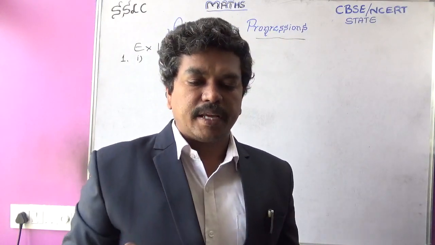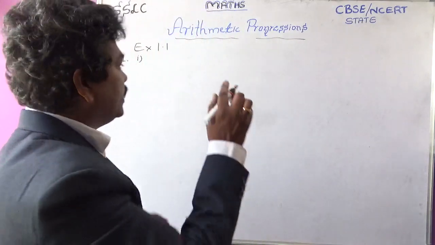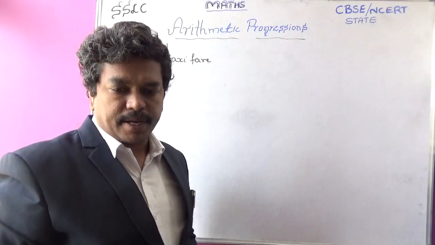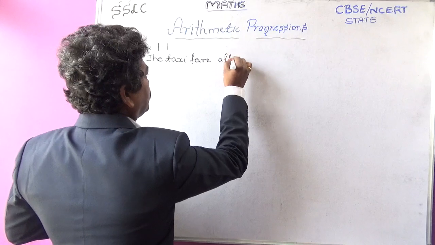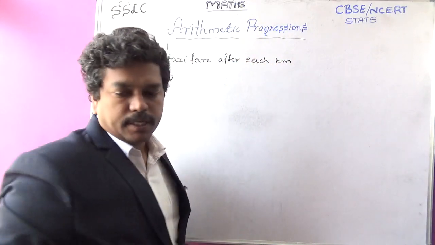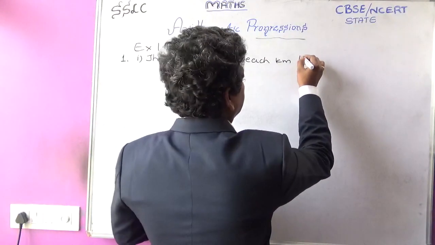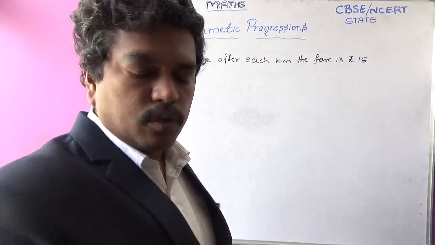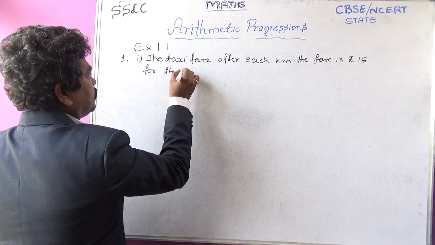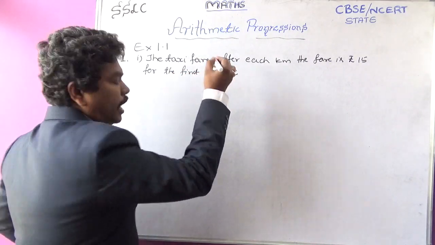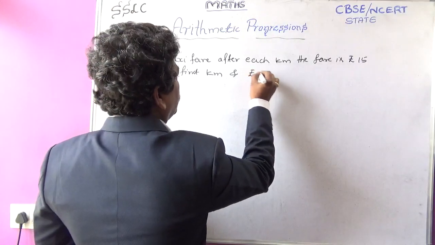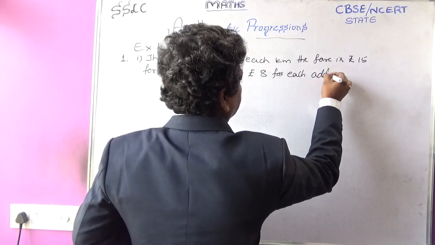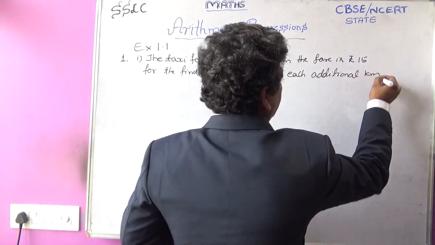The taxi fare after each kilometer, when the fare is rupees 15 for the first kilometer, and rupees 8 for each additional kilometer. So you know, this is the problem.